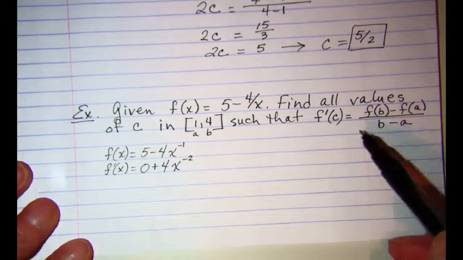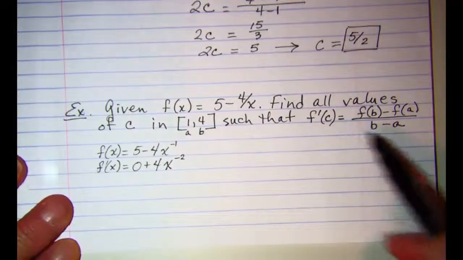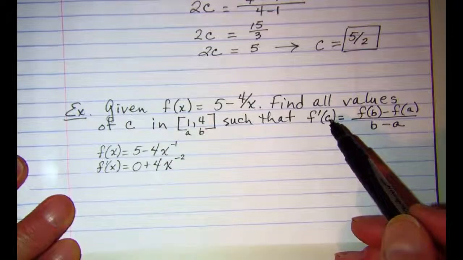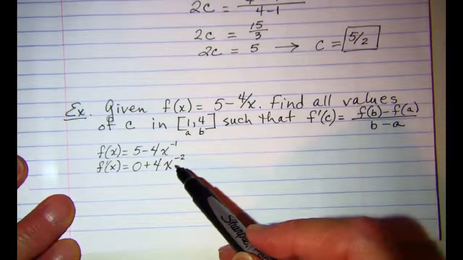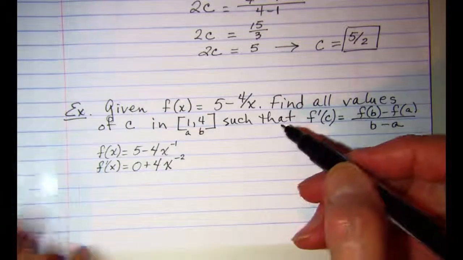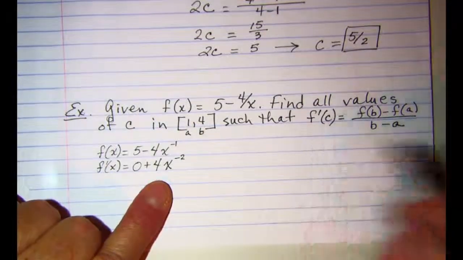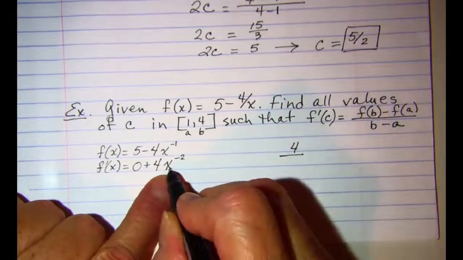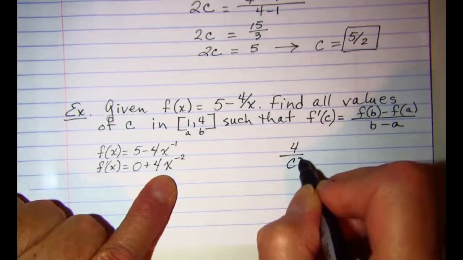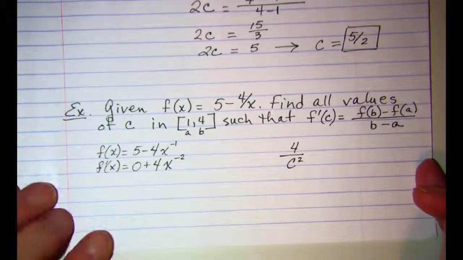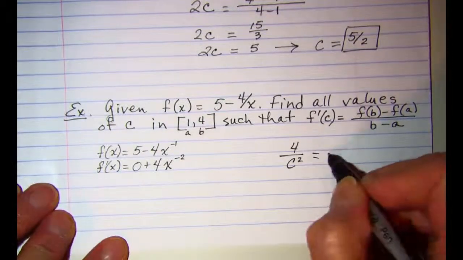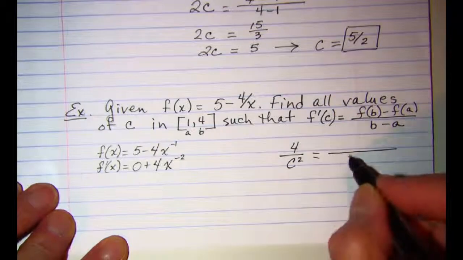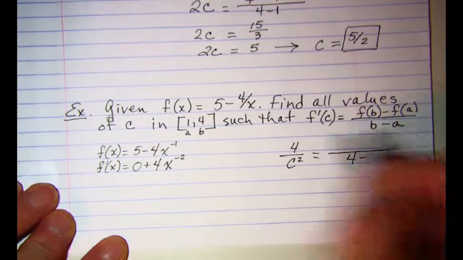So on the left side of my mean value theorem, I'm going to have my derivative with c substituted in for x. So I have 4 over c squared. And then on the right side, my b was 4, my a is 1.